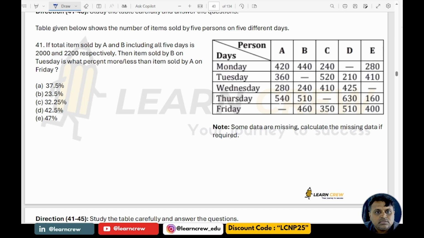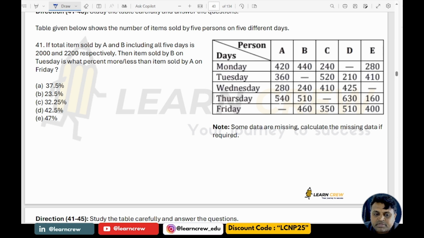A total is 2000, B total is 2200. Then the items sold by B on Tuesday is what percentage more or less than items sold by A on Friday?